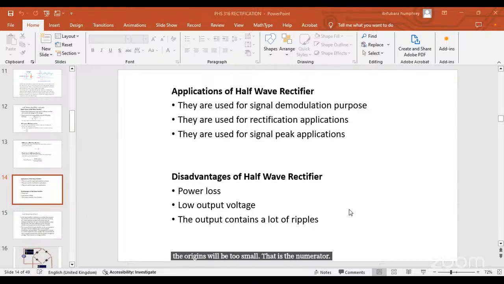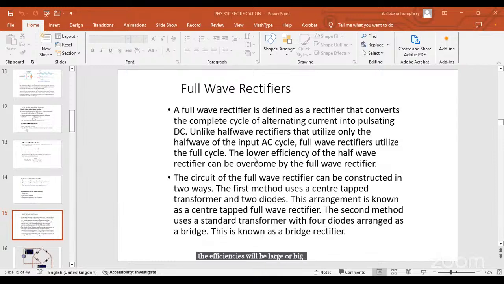If the numerator is low, the efficiency will be small. But if the numerator is high, the efficiency will be large or big. And that is because of just the single diode rectification that is used in the construction of half-wave rectifiers.